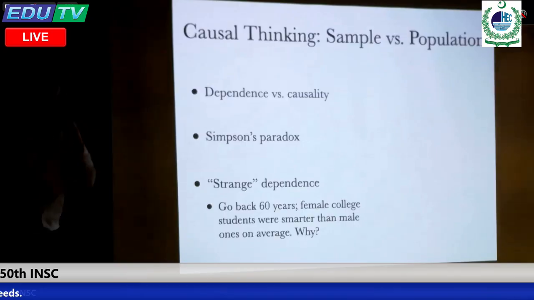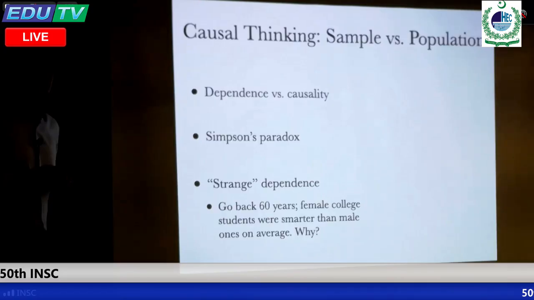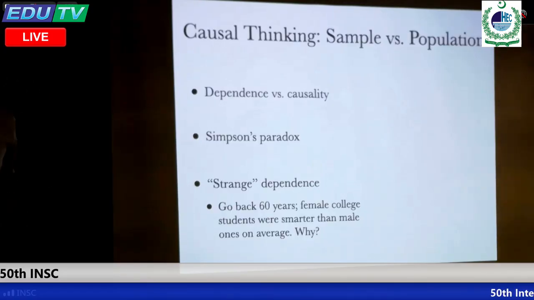So in the United States, if you go back 60 years, you will see that on average, female college students were smarter than male students. Why? We believe that in the population, females and males are kind of equally smart, right? But at that time, female college students were clearly smarter than male students. And this is known as selection bias.